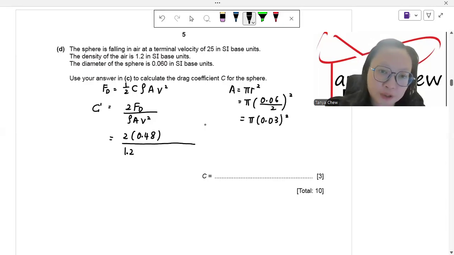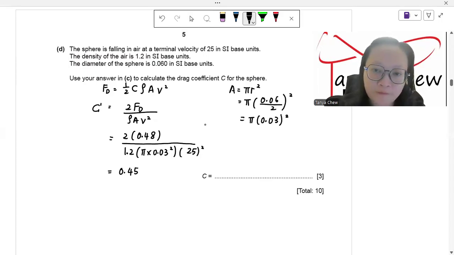Sub into the equation, you have pi times 0.03 squared, and then times v, which is 25, you have to square v. When you do your calculation, you should be able to get 0.45. 0.45 is the answer without the unit.